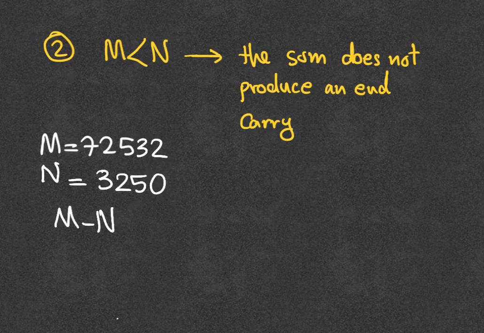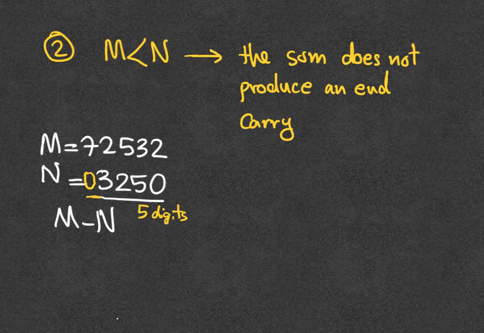In this case, remember that the number of digits for these two numbers needs to be the same. For m, it has 5 digits. For n, it has 4 digits. So we're going to add 0 at the end of number n to get 5 digits. You have to make it the same number of digits.